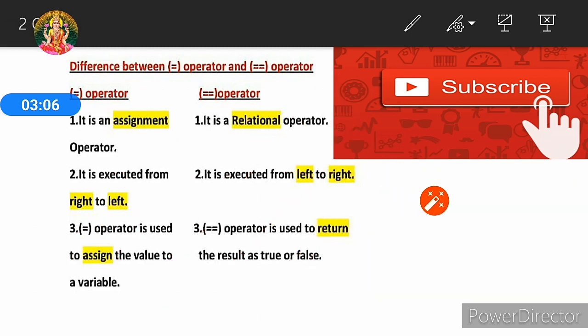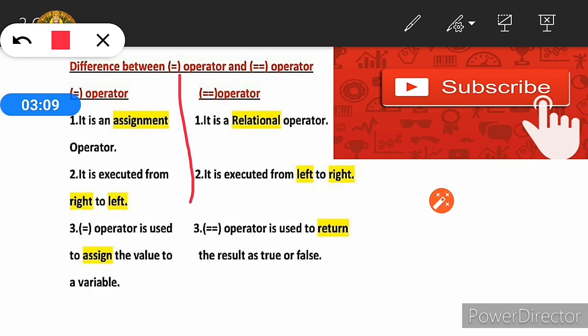Now students, discussing our third point, which describes the functionality of the = operator and the == operator. As we already know, the = operator is used to assign a value to a variable. For example, x = 5: the value of x is assigned 5.